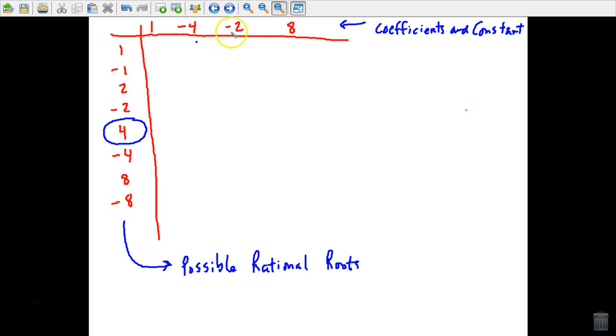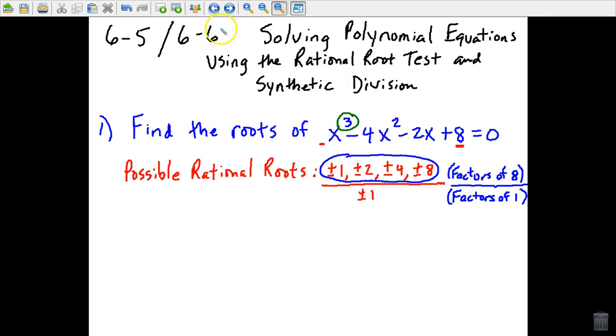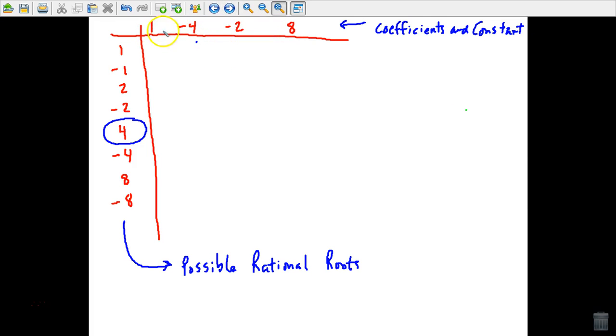And then across the top of the table, I want you to think about what we did with synthetic division, where we use the coefficients and the constant. And that's what I have here. I have the coefficients and then the constant. Okay, so this table is really going to utilize synthetic division. It looks a little different than what we looked at the other day, but the concept is really the same.